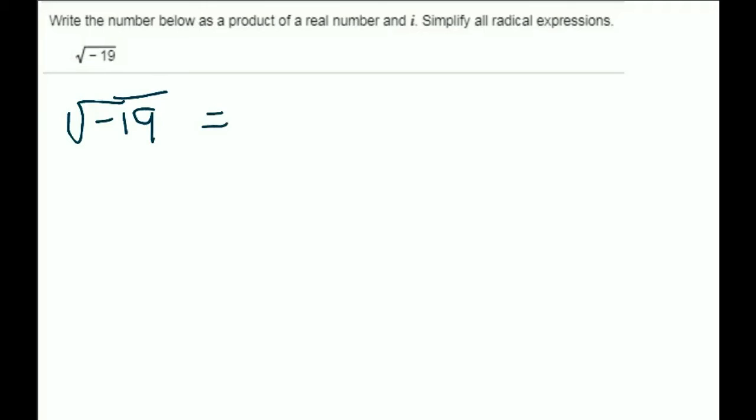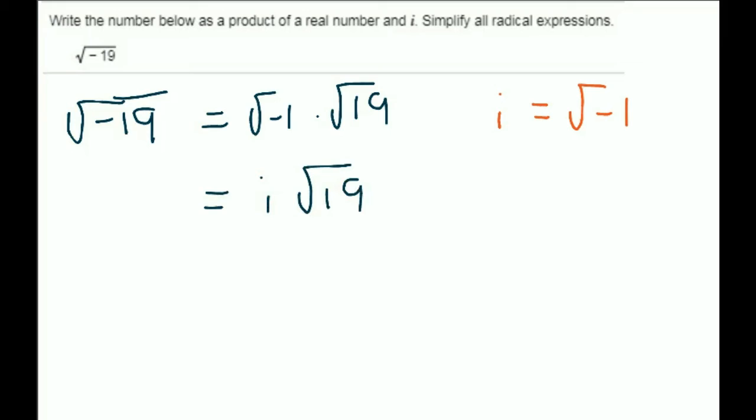That's the same thing as the square root of negative 1 times the square root of 19. Remember, i is equal to the square root of negative 1. So we replace that square root of negative 1 with i, times the square root of 19. And this cannot be simplified any further. So that is our final answer.